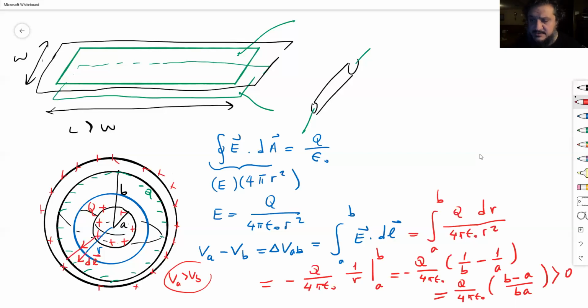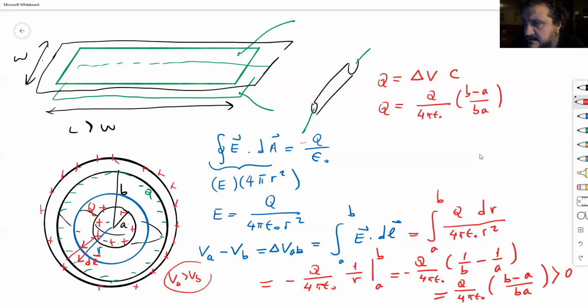What am I going to do with this? I'm going to use it in this expression. Capacitance times the potential difference will give me the charge, right? So Q over 4 pi epsilon 0 times (B minus A) over BA times C equals Q. If you get rid of Q's, this will give you the capacitance in terms of the dimensions of this configuration.